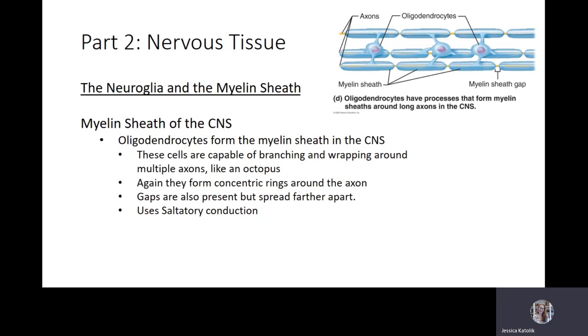Multiple sclerosis actually comes in phases. So it'll come in phases of remission and relapse.